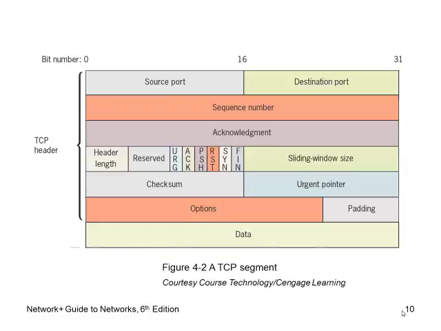We have a sliding window size. In other words, how much data are we carrying? There's our checksum, which is our error checking information. Then we got our urgent pointer, which is for urgent data, but doesn't do much with that. We got some options, padding, and then a bunch of data. So that's pretty much what every single packet on the internet has in it. There's a lot of stuff.